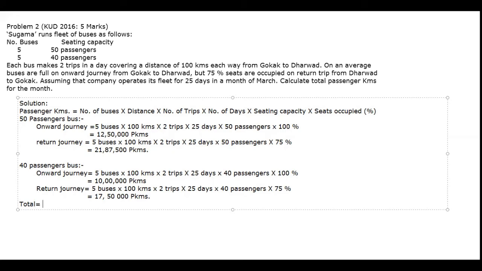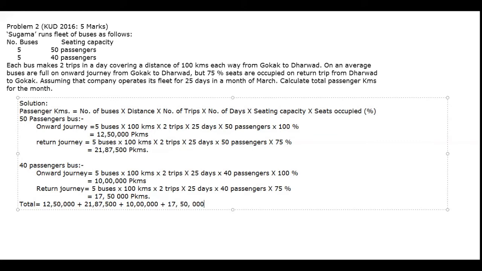So now one thing you have to do, we have to add all these 4 passenger kilometers. Total is equal to first one 12,50,000, plus next 21 lakh 87,500, plus 10 lakh, plus 17 lakh 50,000. Now let's check out the total.